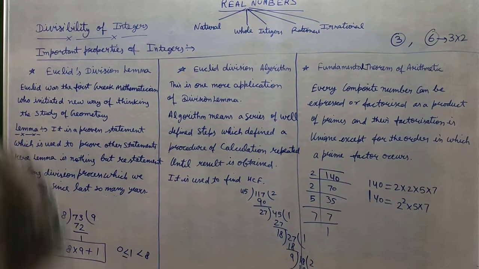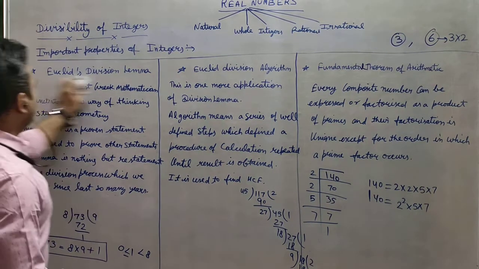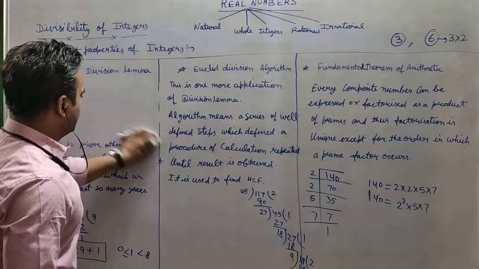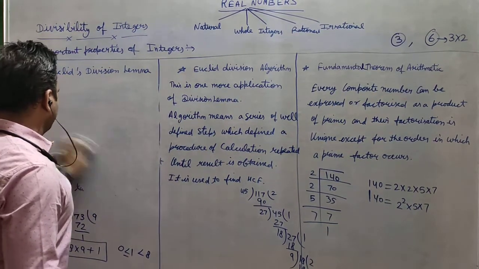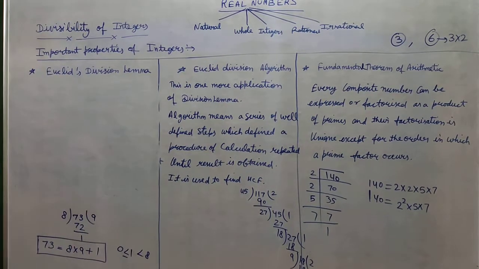What is this one? Euclid division lemma. Euclid division lemma is like, suppose I want to express it in the general form. How will you express it? Let a and b be two positive integers.